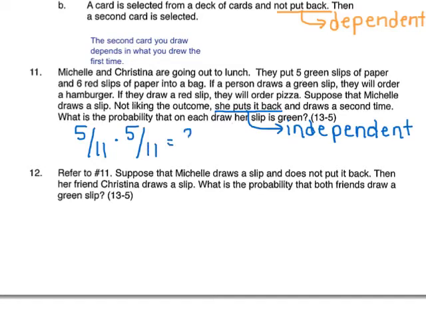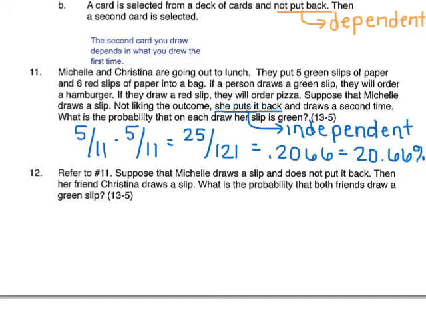That comes out to be 25 out of 121. As a decimal, it's 0.2066, which makes 20.66%.